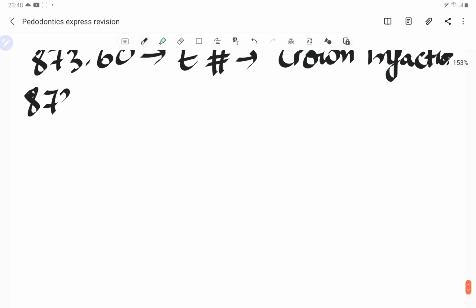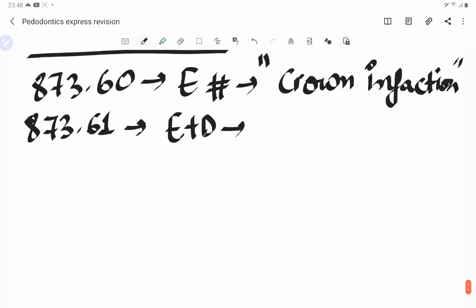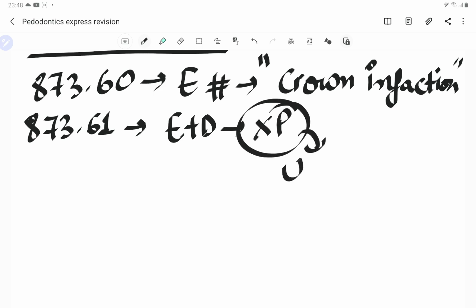Then he has given 873.61. So this is enamel plus dentine, guys. Now I want you to understand one thing, that if there is no involvement of the pulp, then we call it uncomplicated, because we can easily restore it with a restorative material. So it is not complicated. We do not have to go for root canal treatment.